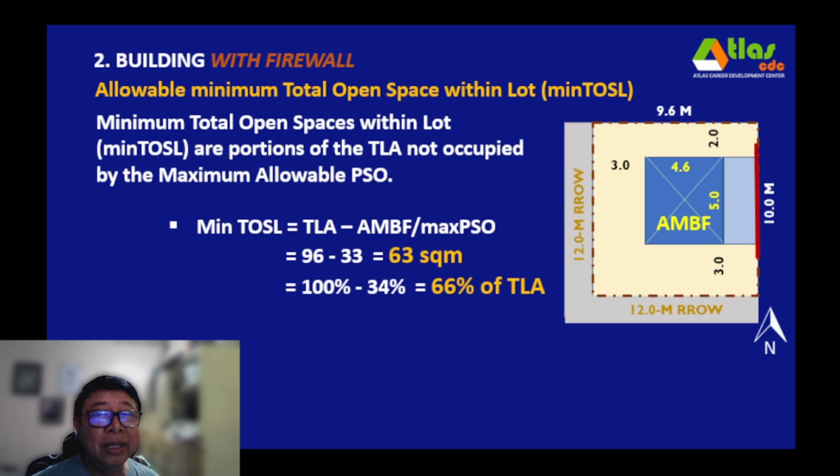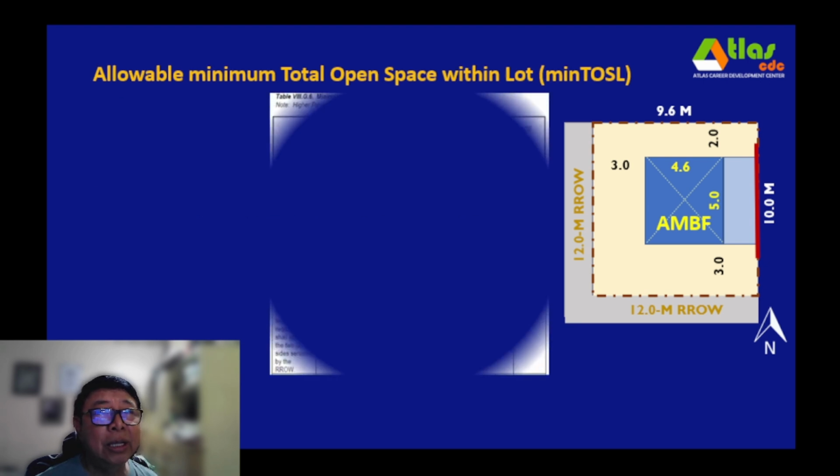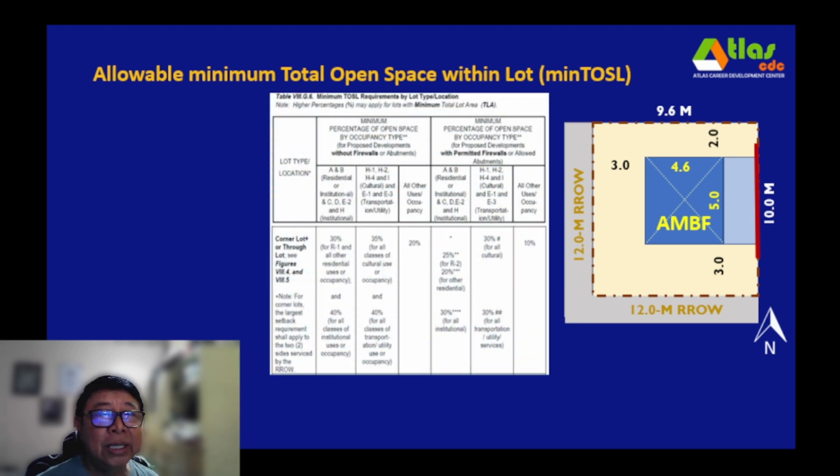But this is based on the most stringent maximum PSO or AMBF, and that we are going to compare with the minimum TOSL allowable. Reference table here is table 8.G.6, and accordingly for a corner lot with firewall here, for R2 is 25%.